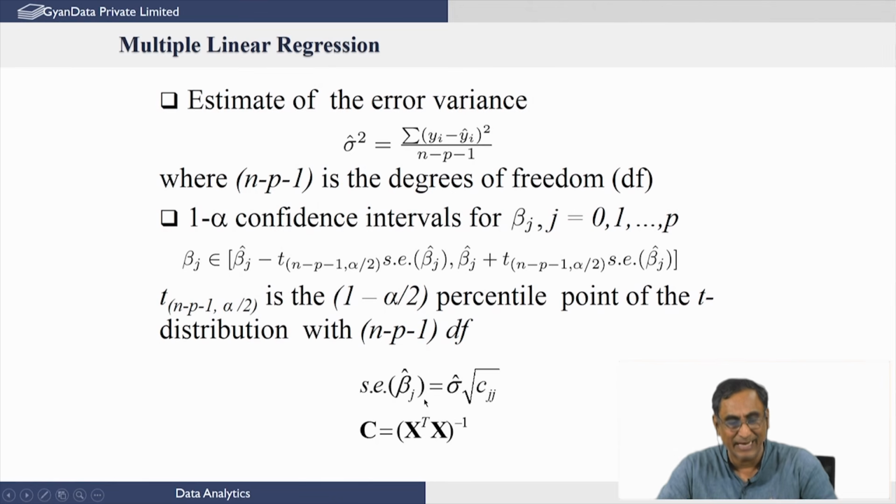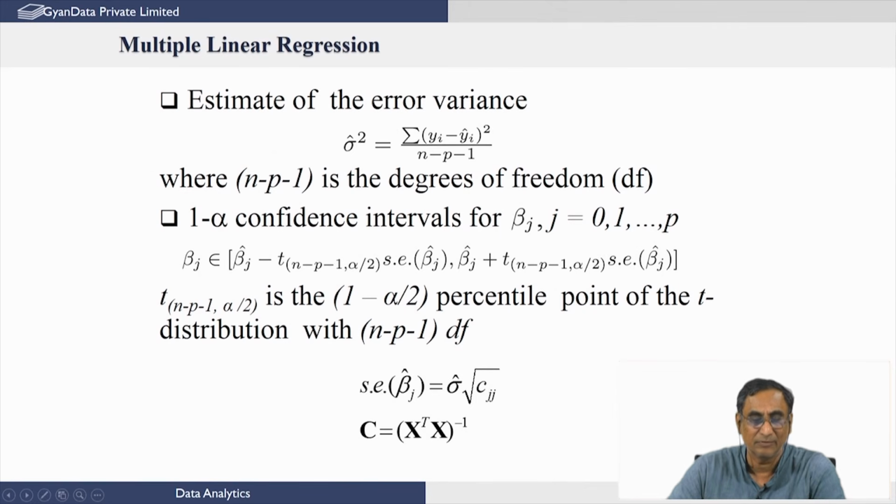We are picking the diagonal elements of the covariance matrix of the beta parameters. That is all we have done. This represents the square root of the diagonal element, which is the standard deviation of the estimated value of beta, and that is what is used to construct this confidence interval. Every one of these can be computed from the data, as you can see.